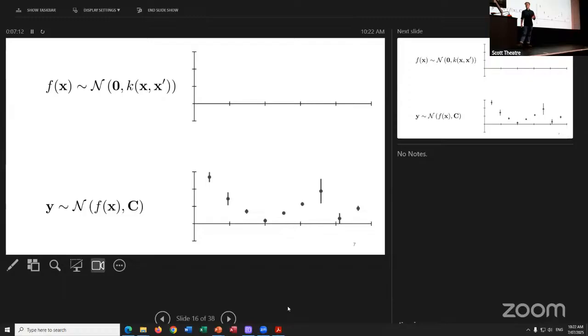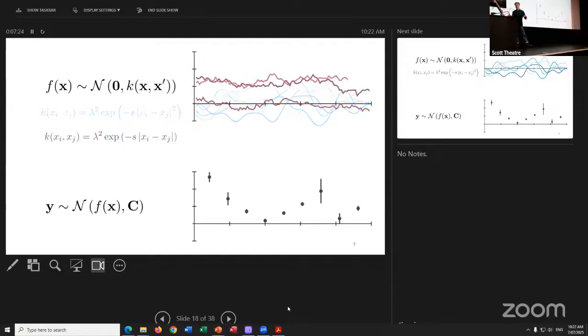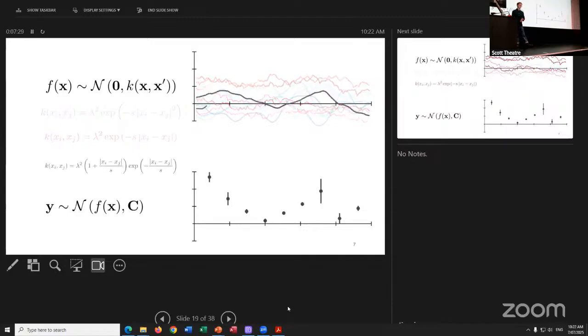The way that you do this is by specifying the covariance structure of the functions that you allow. So if we pick this covariance kernel, which is commonly called the radial basis function kernel, you get functions that look like this. If I pick some other kernel, like this exponential kernel, then you get these jaggedy things. Or if I pick this kernel, which is the Matern 3/2 kernel, you get sort of a compromise between those two.